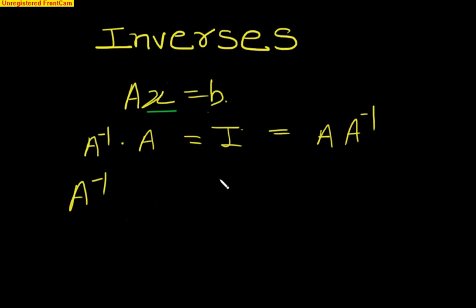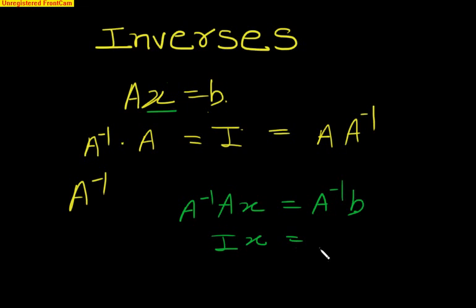If you multiply both sides with A inverse, A inverse A X equals A inverse B. Then you will get the identity matrix, meaning I X equals A inverse B. Finally, X equals A inverse B.